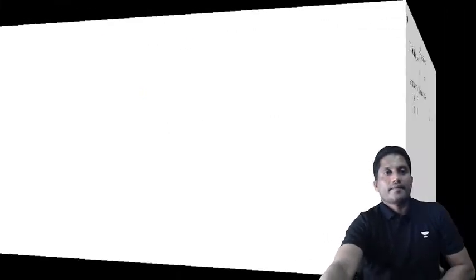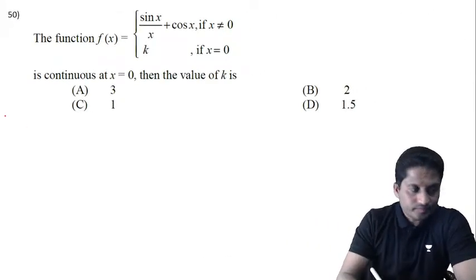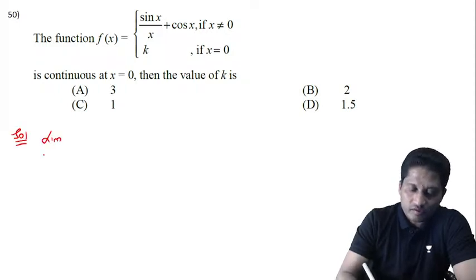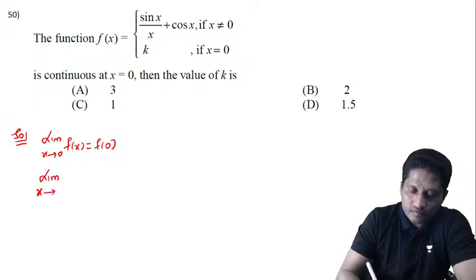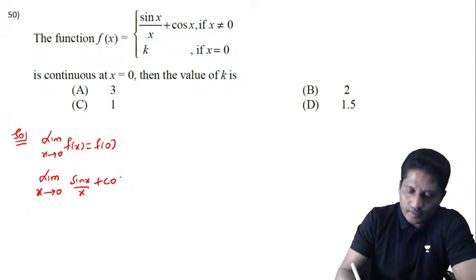Question number 50. It's already continuous, right? If it is continuous, then I should use limit x tending to 0 of f(x) is equal to f(0). This is limit x tending to 0, f(x) is equal to sin x by x plus cos x, and f(0) is equal to k.